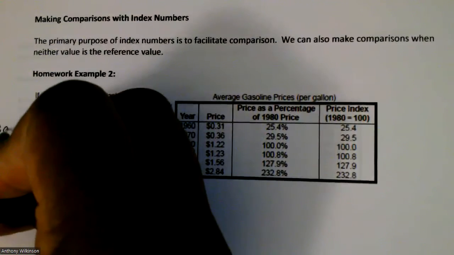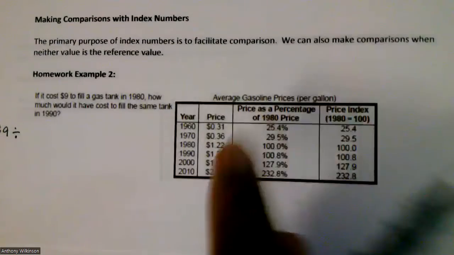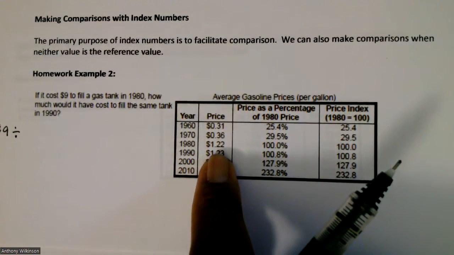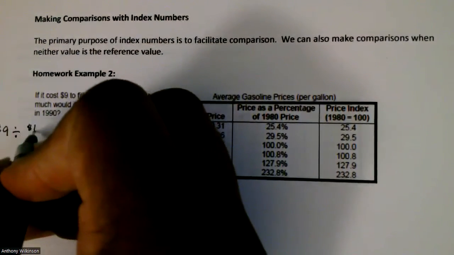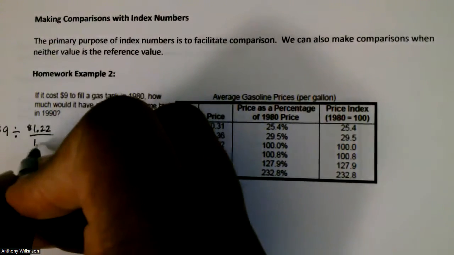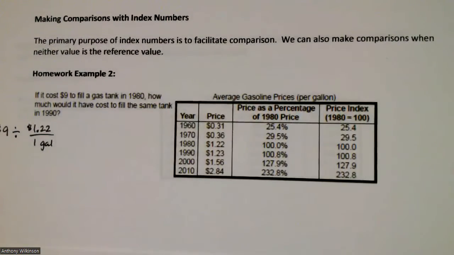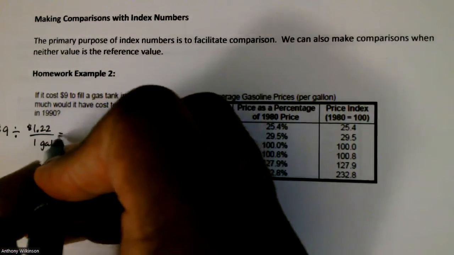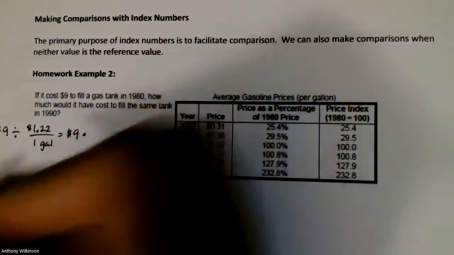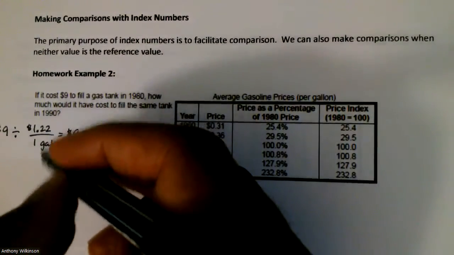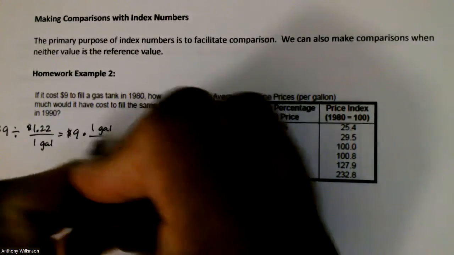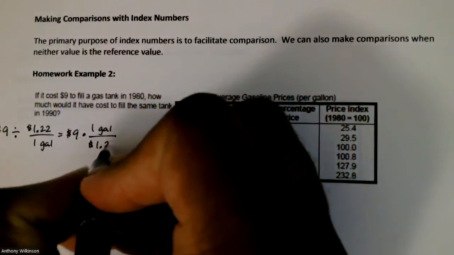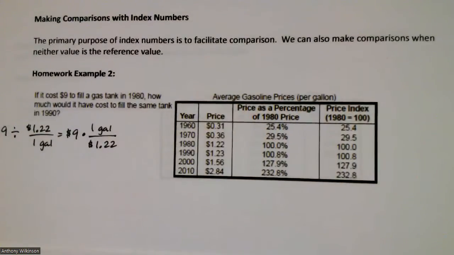So I will take that $9 and divide that by the price per gallon, which is $1.22 per 1 gallon. I'm using unit analysis in this case, so that way you can see how I'm going to solve this problem. And of course, when you divide fractions, you multiply by the reciprocal. I'm just going to flip this fraction as 1 gallon per $1.22. You're going to see the dollar signs divide out.